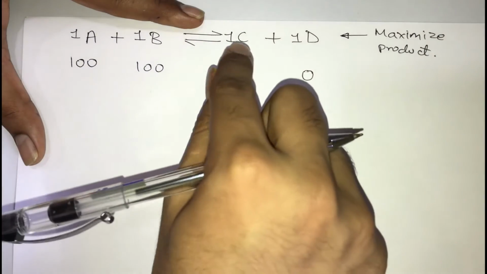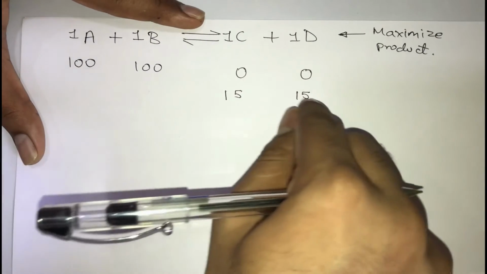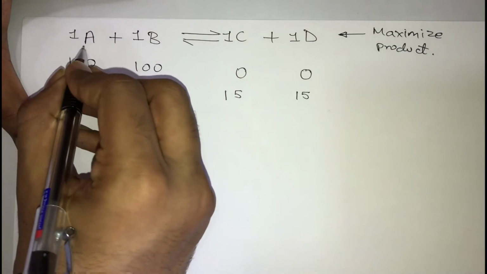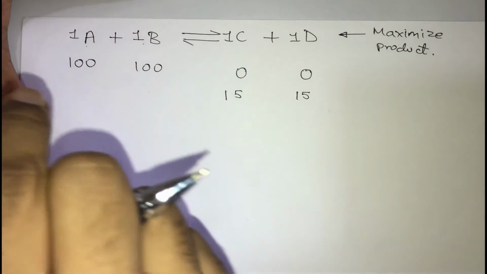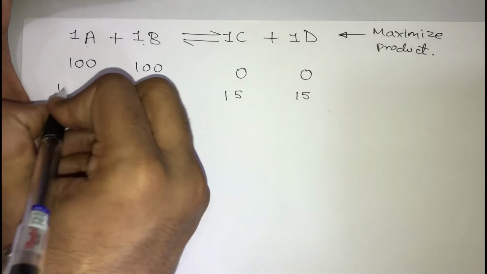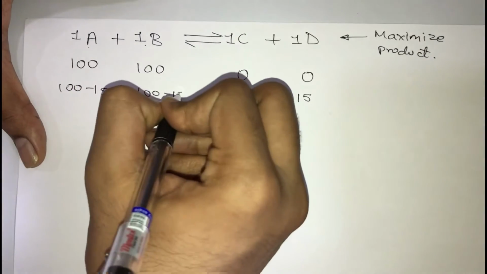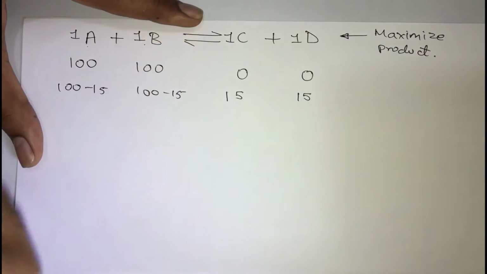Now, if 15 moles of C and 15 moles of D have been created, can I say guys that 15 moles of A and 15 moles of B have been consumed? So you will subtract 100 minus 15 from the number of moles of A and B. I hope you understood.